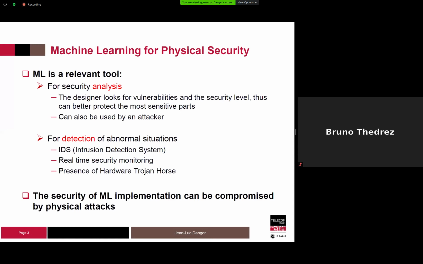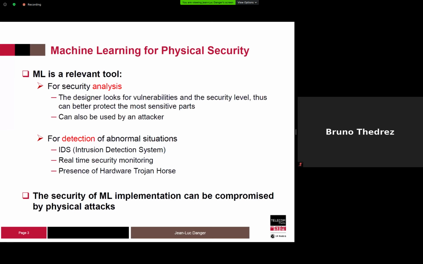But the problem is that when you implement a machine learning algorithm, which is rather complex, as we have seen with the talk of Sumanto, it is a very complex algorithm. Sometimes it requires a lot of computing power and time. And unfortunately, machine learning implementation can also be the target of physical attacks.